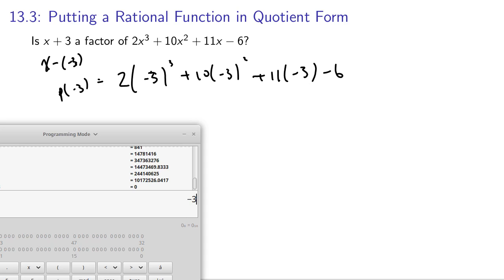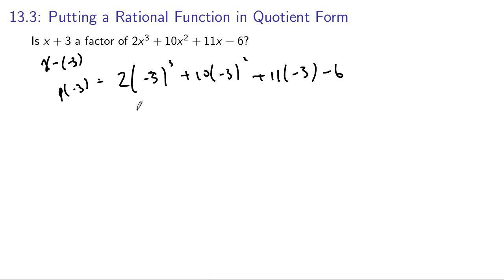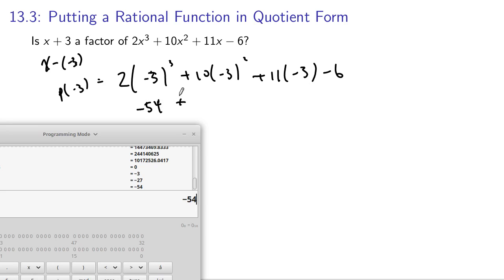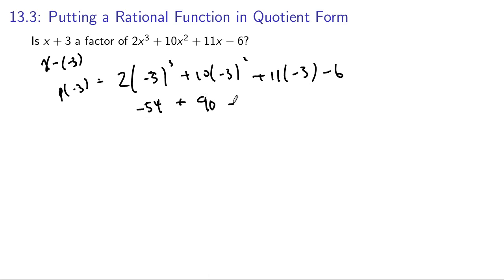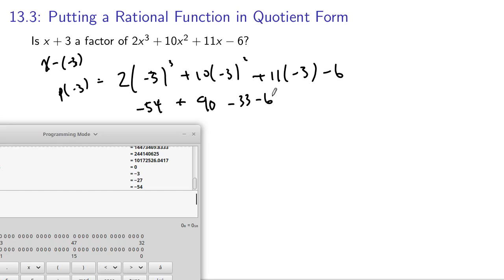Minus 3 cubed is minus 27, times 2 is minus 54. Minus 3 squared will be 9, and 9 times 10 is 90. 11 times negative 3 is negative 33, minus 6. So minus 54 minus 33 minus 6 is minus 93, plus 90 is minus 3.